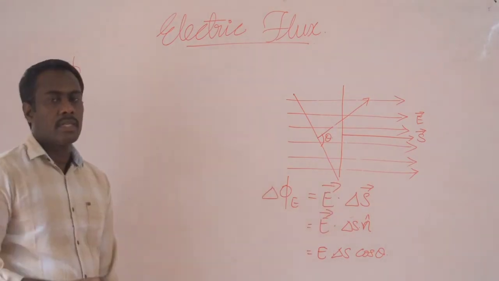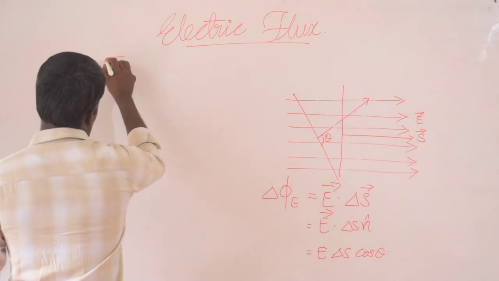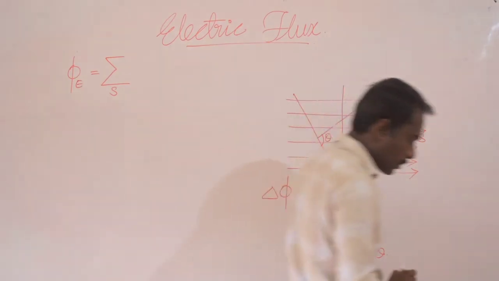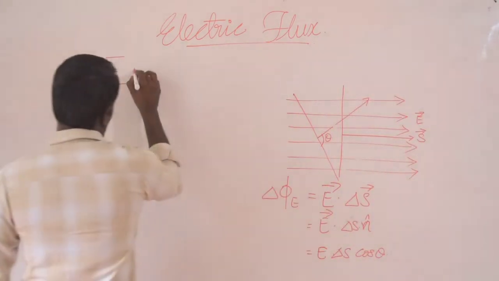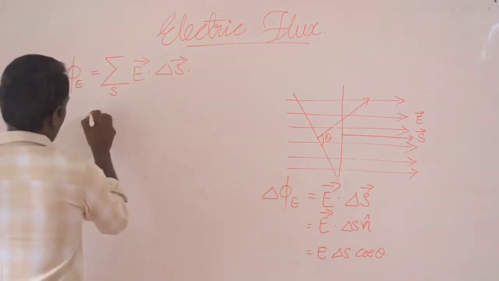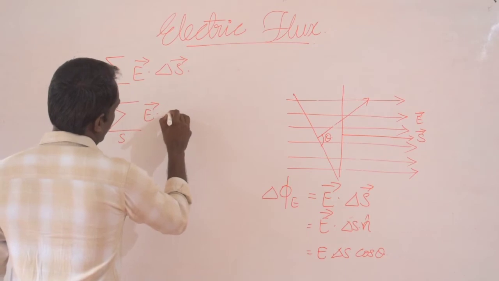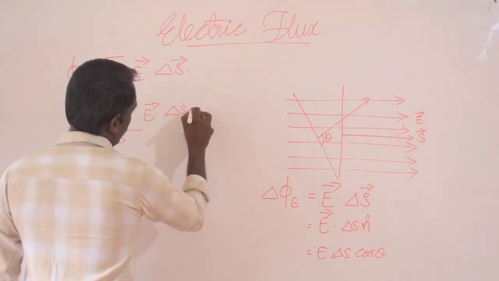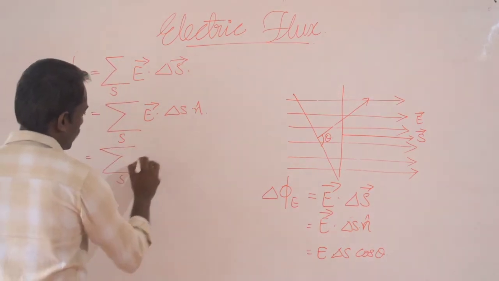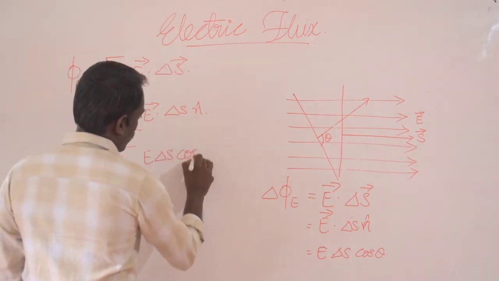The total electric flux through any given surface S, phi E, is the sum over the surface S of E dot delta S, that is equal to the sum over S of E dot delta S n, that is equal to the sum over S of E delta S cos theta.